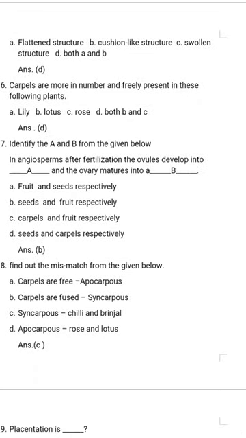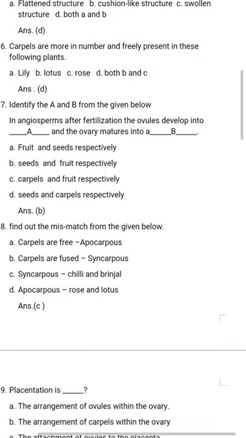Next, seventh question. This is one important new method of asking questions for competitive examinations. So now let us discuss this question. Identify A and B from the given below. So we need to fill the A and B blanks with the correct options given below. Let us see the question.